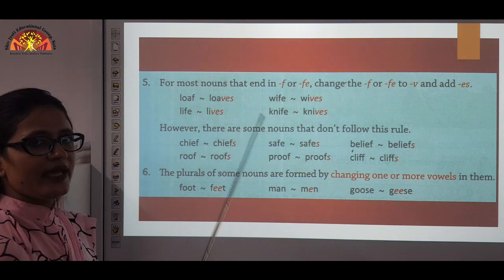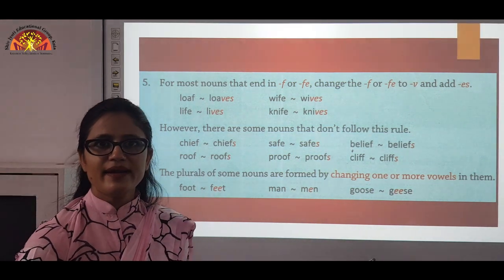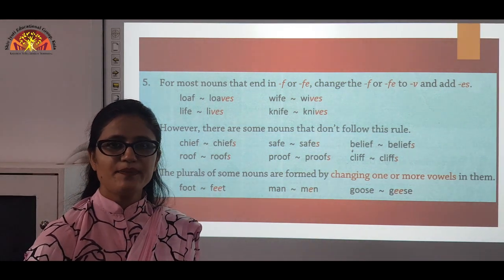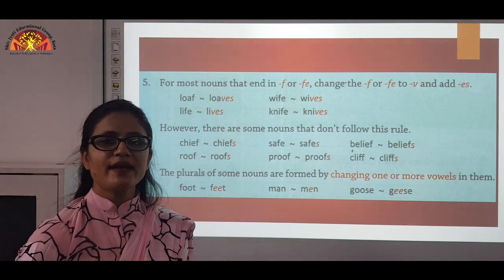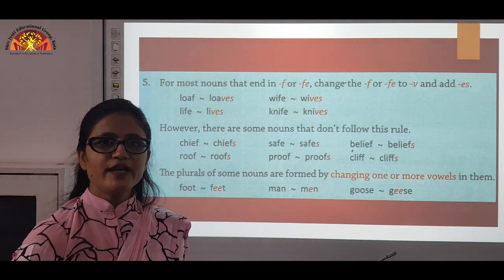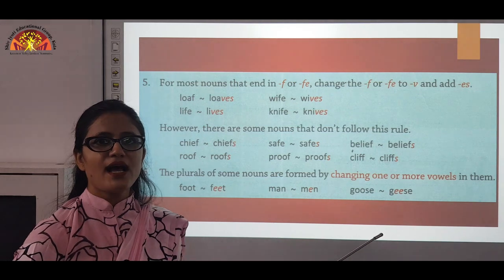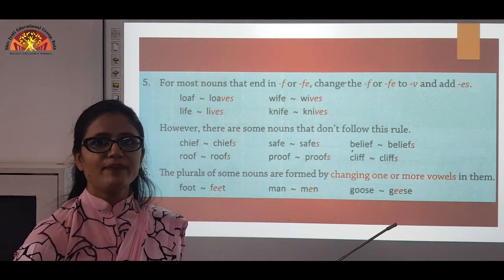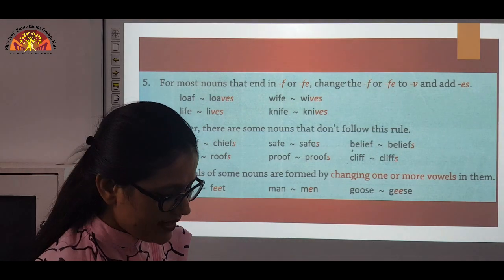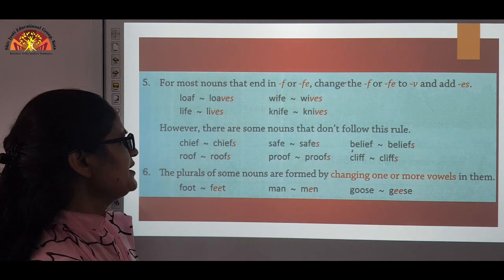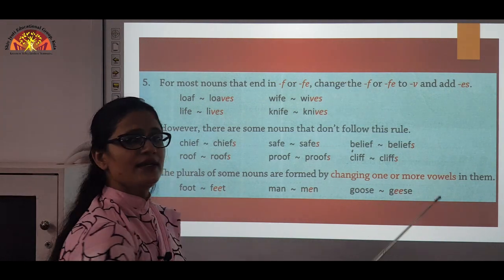Foot मतलब एक पैर. When we talk about one foot, my right foot is paining. Suppose there is a pain in my right foot, so I will say my right foot is paining. If both of them are paining, I will say my feet are paining, right? So like this we can change one or more vowels in them.